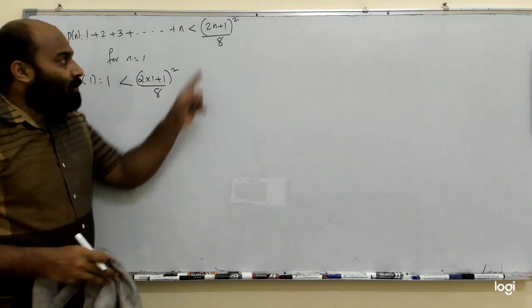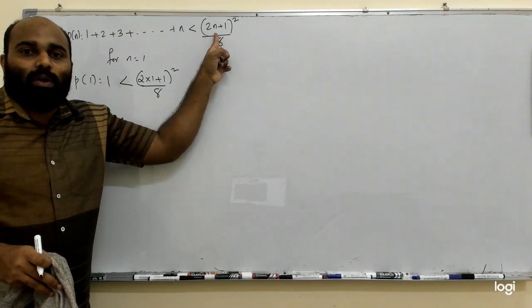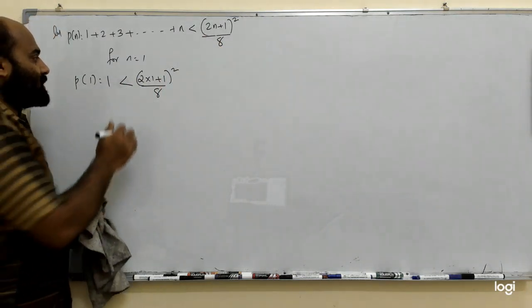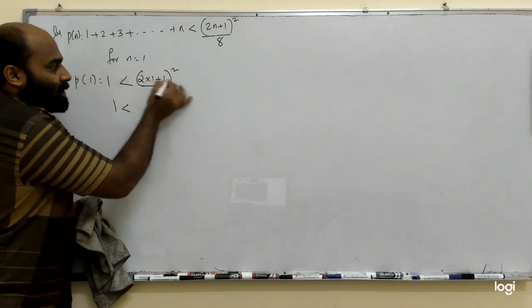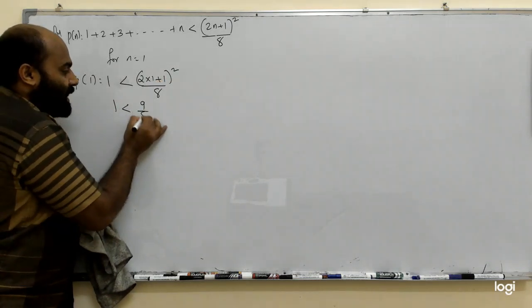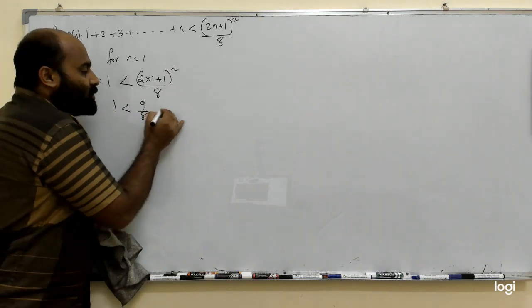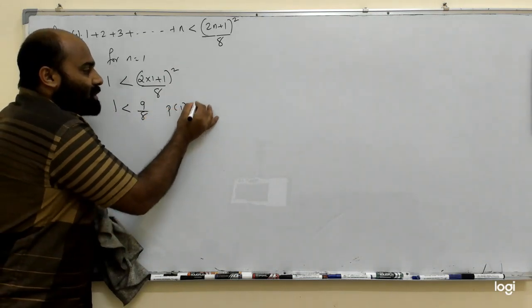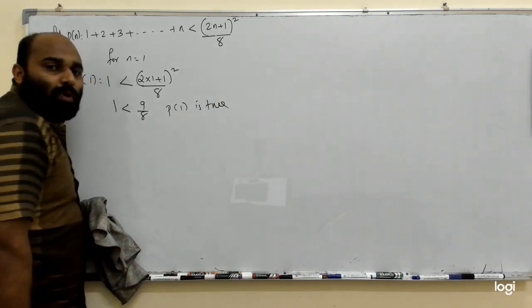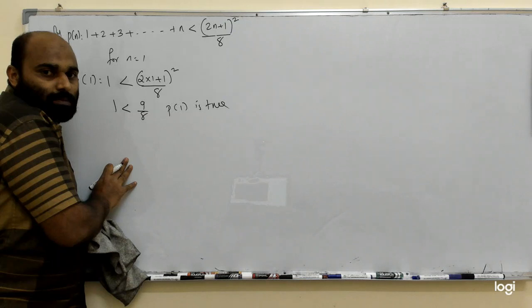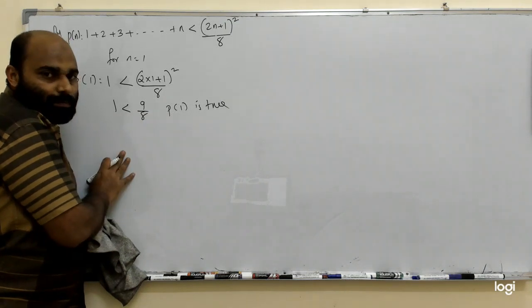Wherever n is there, I replace it by 1. So P of 1: 1 is less than 9 by 8, which is 1 point something, that is greater. So we can say P of 1 is true. I hope you understood this part.